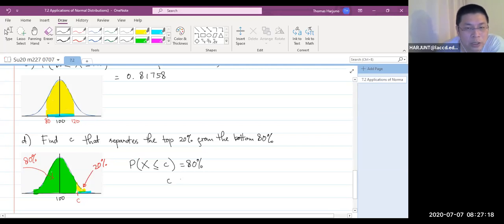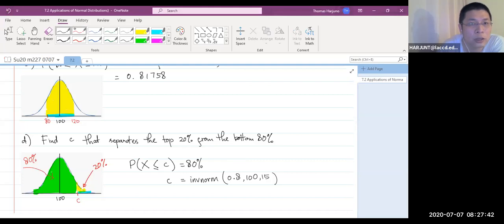So C equals inverse norm, the area to the left, the mean, the standard deviation. This first input is always the area to the left of C when you use the calculator.